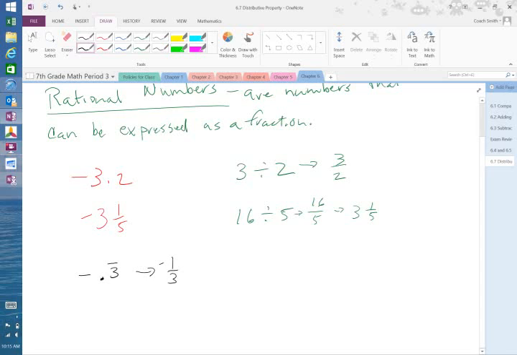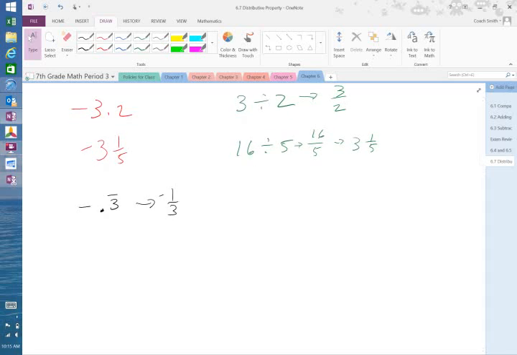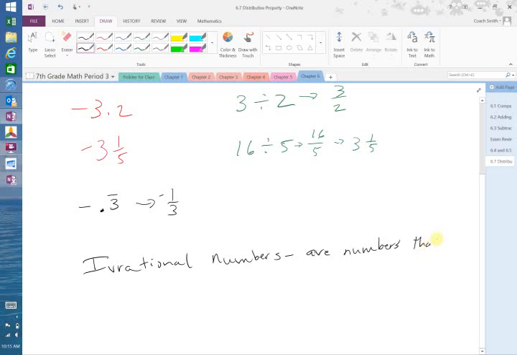Irrational numbers are those numbers that can't be expressed as a fraction. And you're like, well, what numbers are those? Irrational numbers are numbers that cannot be expressed as a fraction.